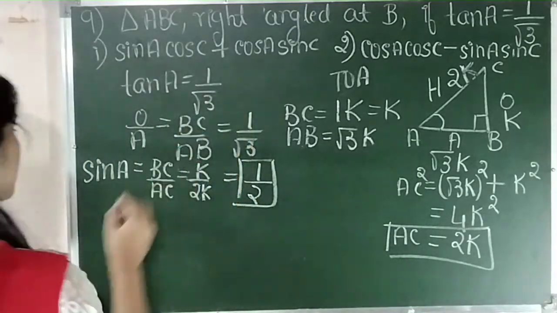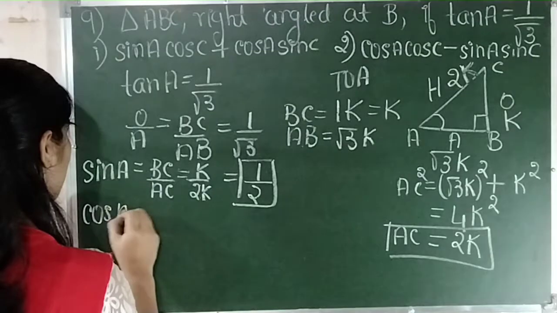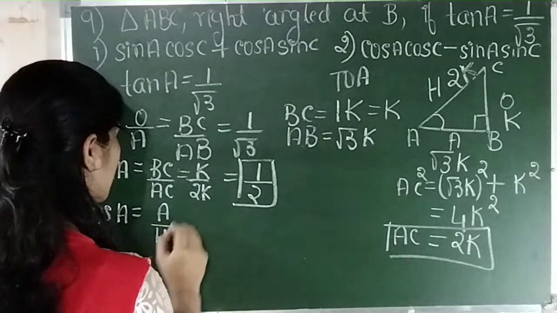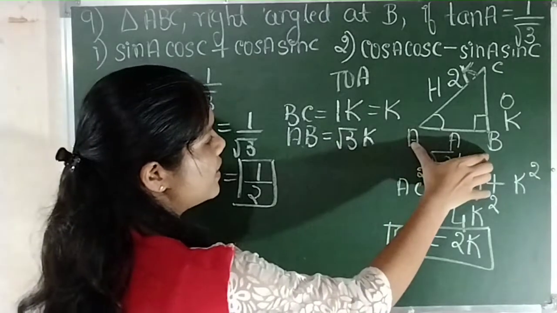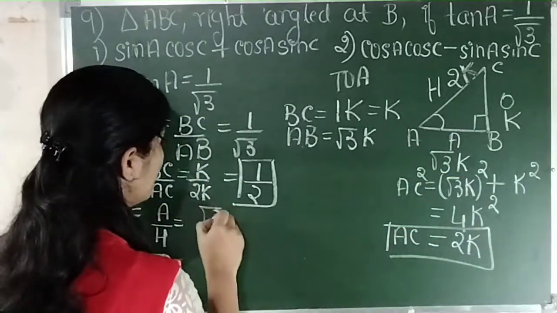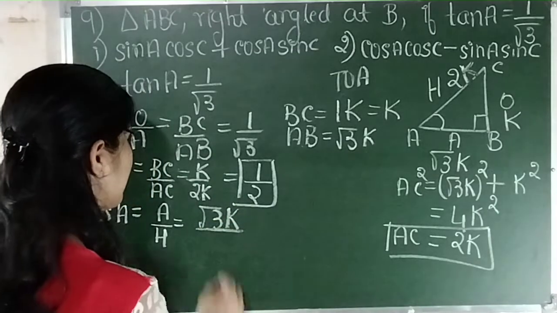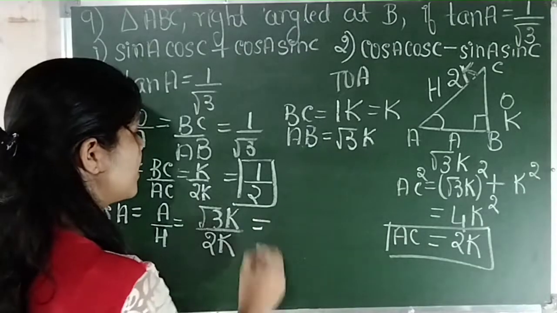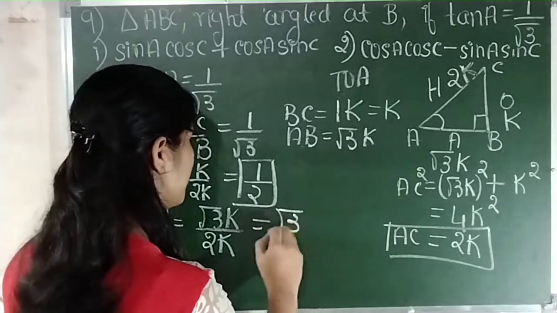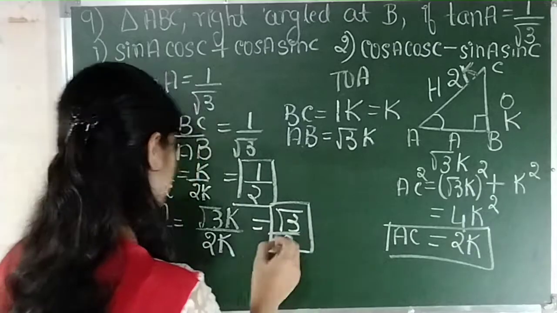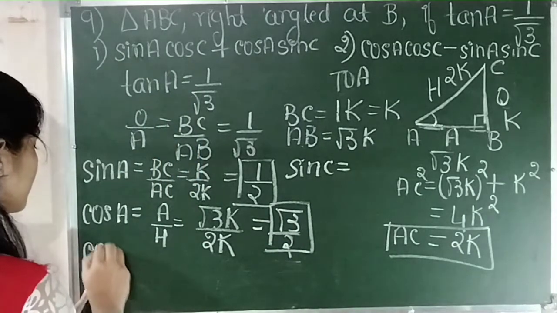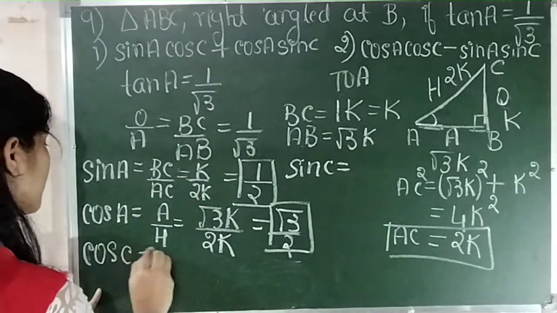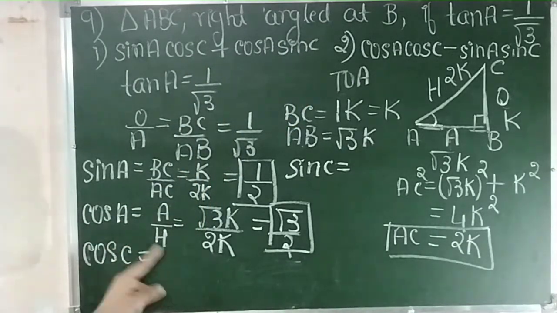Find the value of cos A. Cos A is nothing but adjacent by hypotenuse. Adjacent is AB, that is root 3 into K divided by hypotenuse 2K, that is equal to root 3 by 2. Now find the value of cos C. Cos C is nothing but adjacent by hypotenuse.